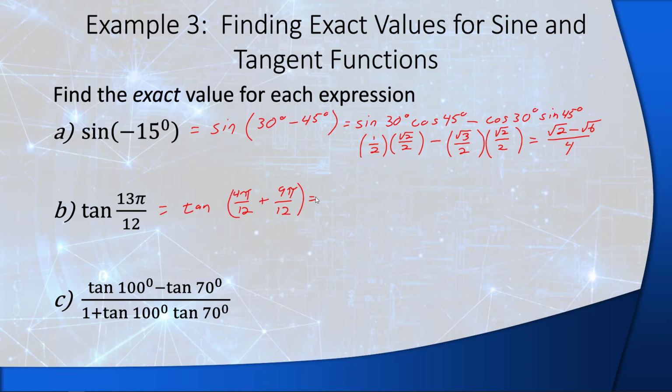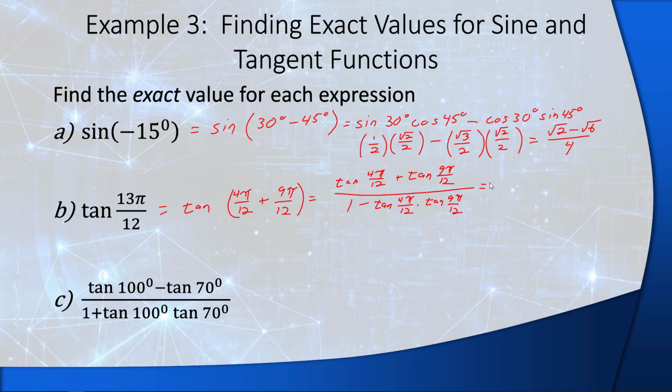Using the identity that we have for tangent, this will be equal to the tangent of 4 pi over 12 plus the tangent of 9 pi over 12, all divided by 1 minus the product of the tangents, tangent 4 pi over 12 times tangent 9 pi over 12.